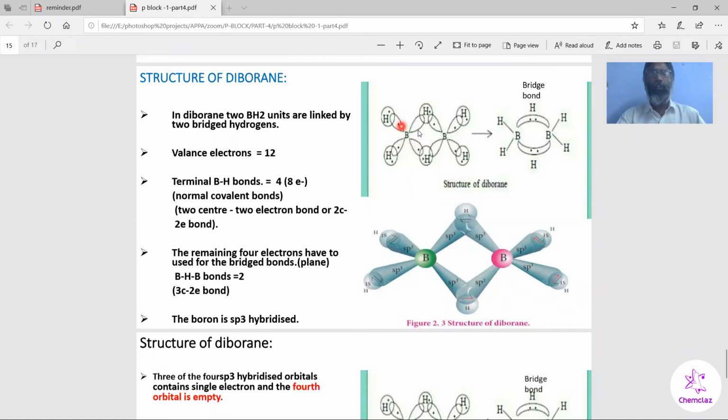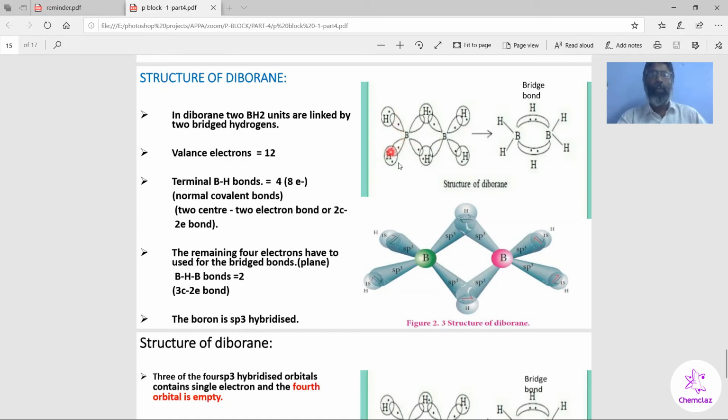Out of the 4 equivalent orbitals, 2 orbitals of boron have 1 electron each, that is half filled orbitals. 1 electron means half filled, 2 electrons means filled orbital. So the 2 sp3 hybridized orbitals with 1 electron are called half filled orbitals.